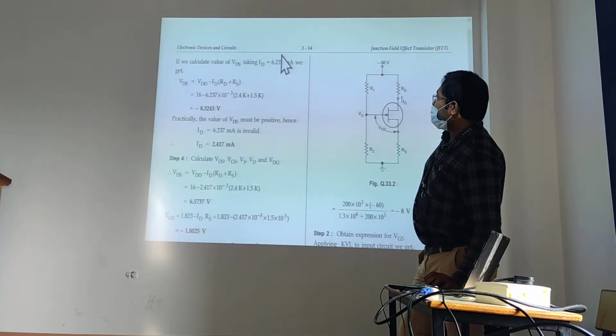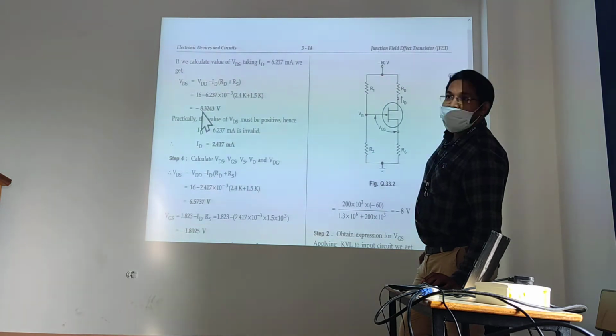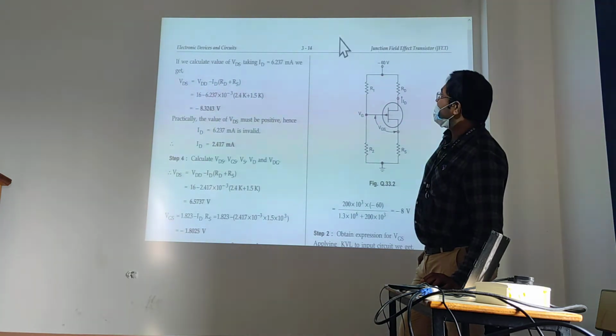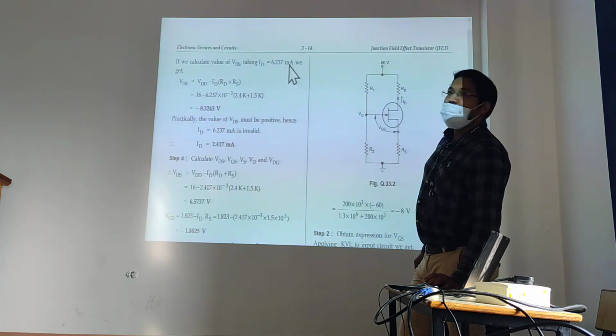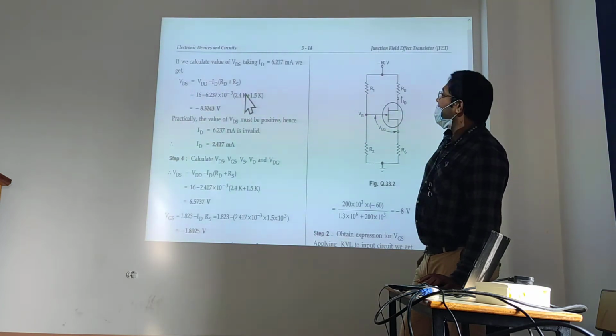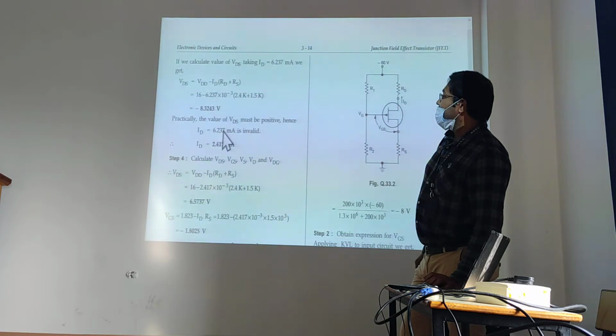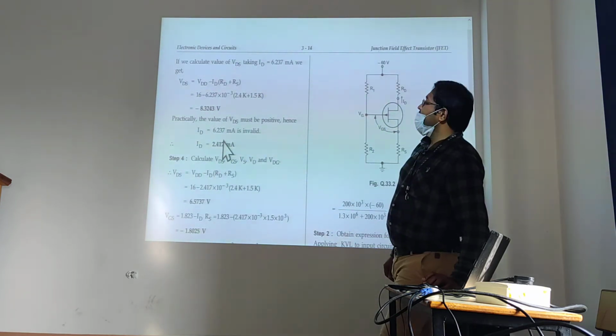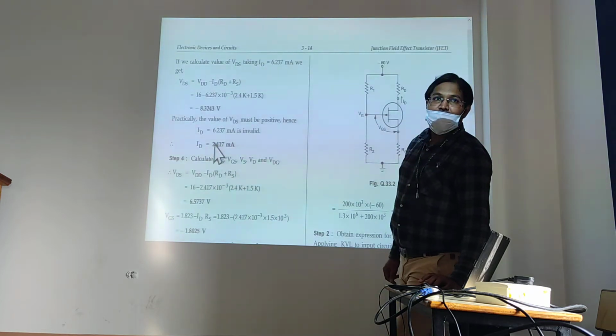When ID is 6.237, VDS is negative. So VDS cannot be negative, means ID cannot be 6.237 milliampere. So ID has to be some other value.